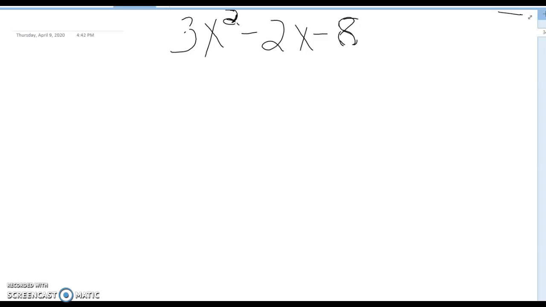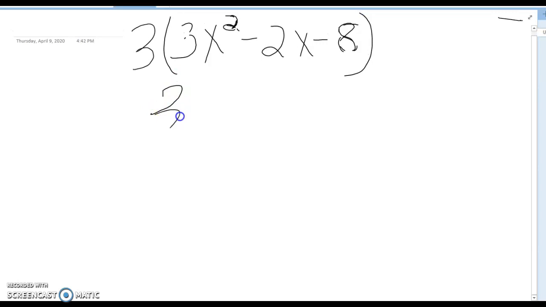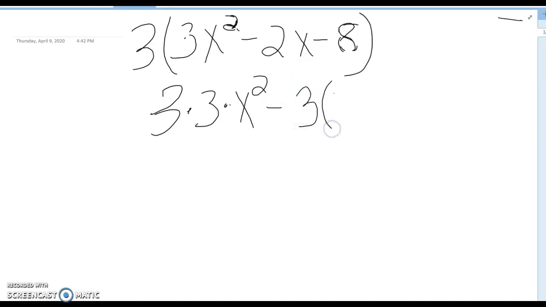So the first thing you're looking at, we're going to multiply this whole equation by a number. And we are going to multiply it by 3. The reason we're going to multiply it by 3 is because 3 times 3 becomes 9. So it looks something like this. 3 times 3 times x squared minus, we're not going to actually multiply it all.